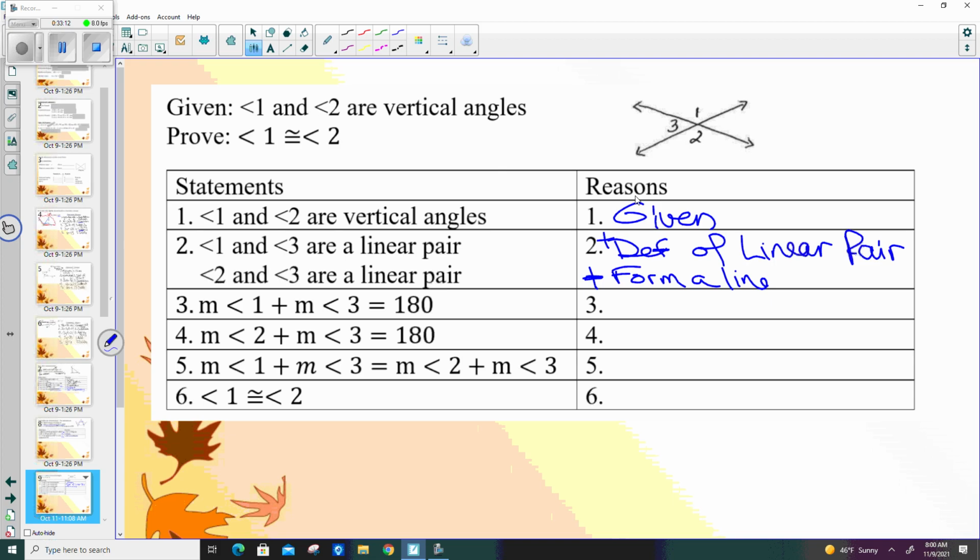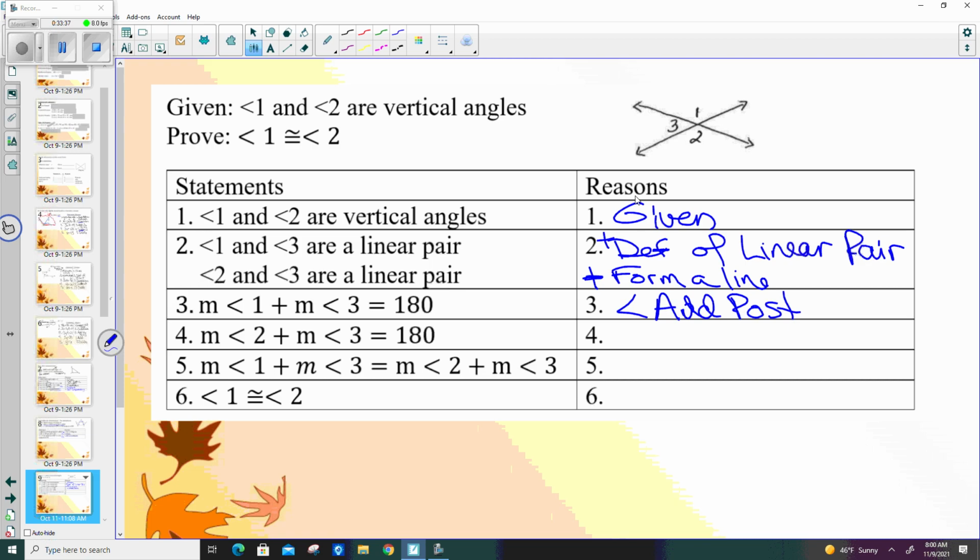How do we add two little angles and get to a whole angle? It was a postulate. There you go. We're adding the two little ones to get to the whole. So that's my angle addition postulate. Again, remember I said I start to abbreviate. I don't like writing as much as you don't like writing.